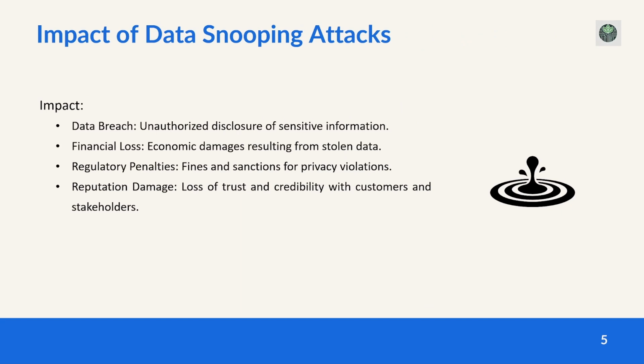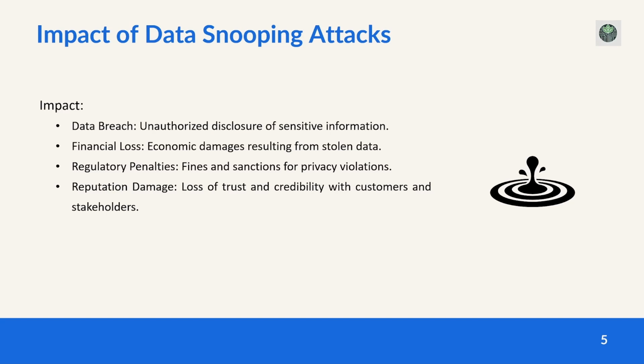So what are some of the impacts that we're going to see of data snooping attacks? A major concern is the occurrence of data breaches, where confidential information is exposed to unauthorized parties. This can lead to financial losses, as businesses are going to be forced to address the breach, pay fines, or compensate affected users. Companies may also face regulatory penalties if the breach involves violation of privacy laws.